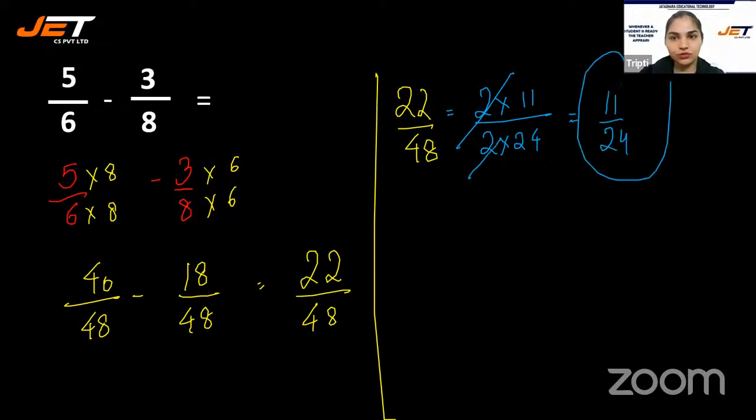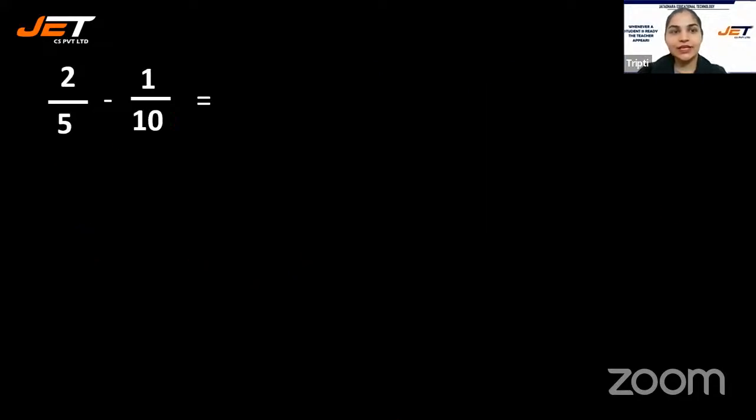This can also be called an answer because 22 by 48 is equivalent to 11 by 24. Yeah. Let's go to the next one.